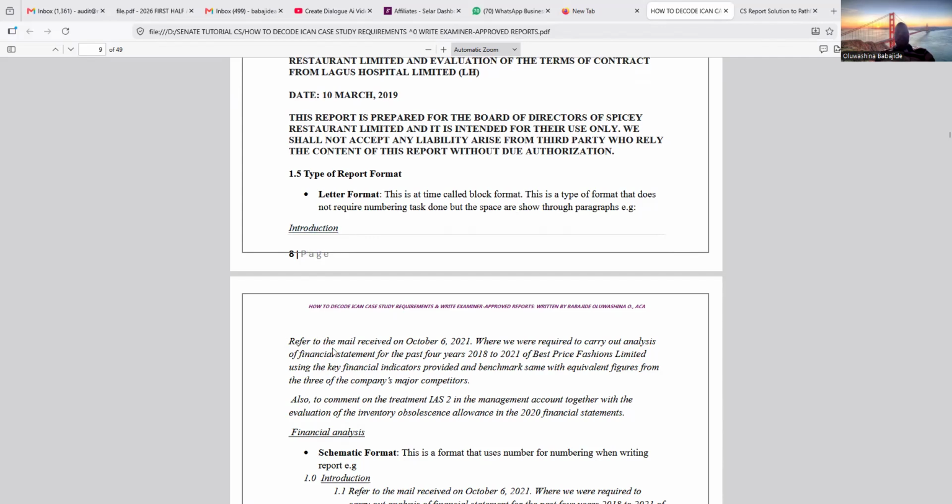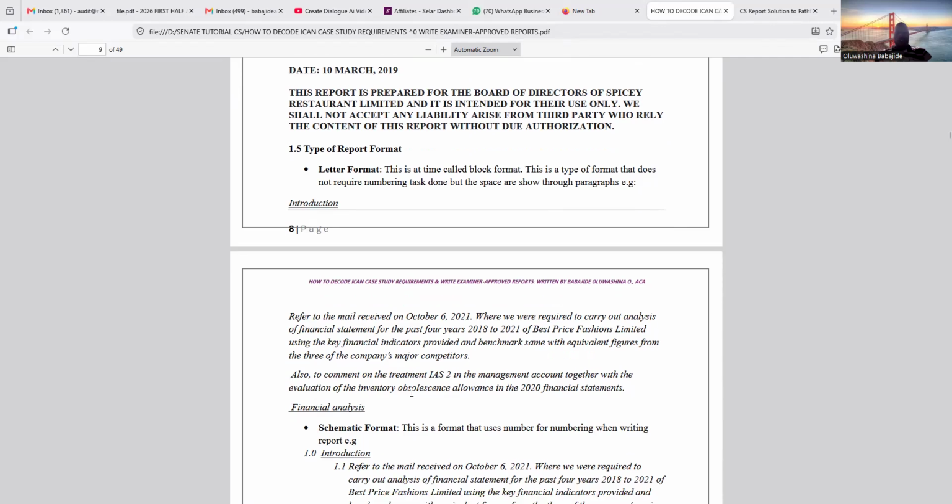That is, reverting to the mail received on October 6, 2021, where we were required to carry out analysis of financial statements for the past 4 years, 2018 to 2021, of Best Price Fashions Limited, using the key financial indicators provided and benchmarking against the equivalent figures from three of the company's major competitors.